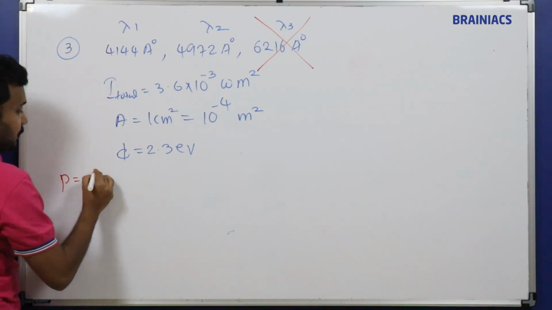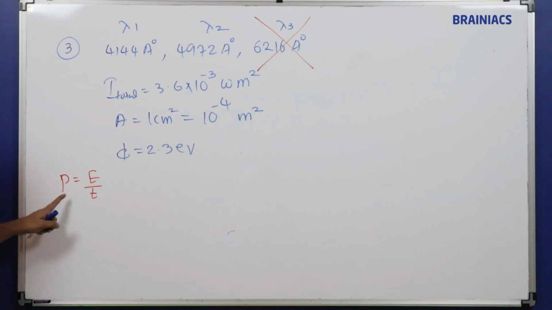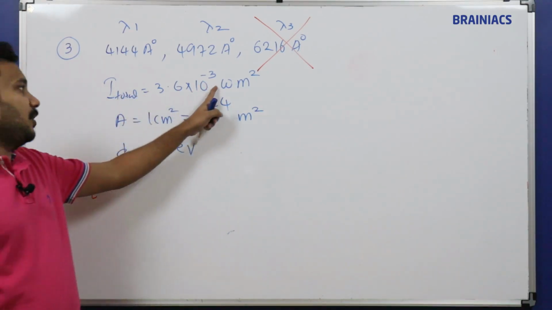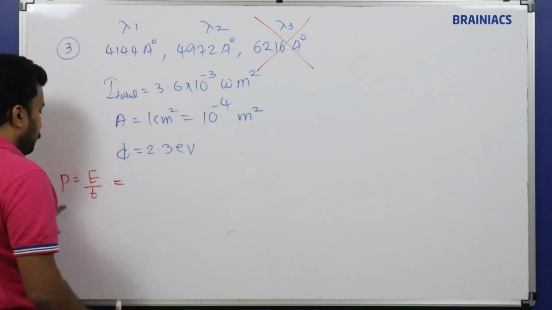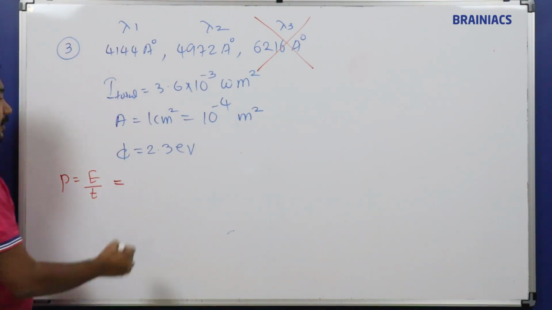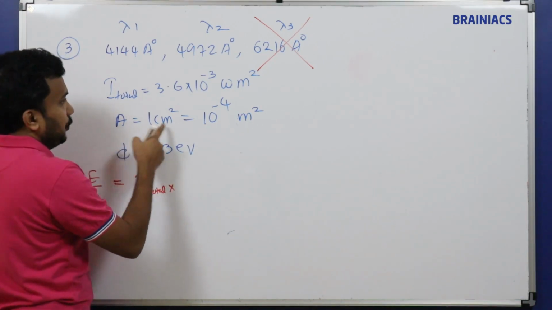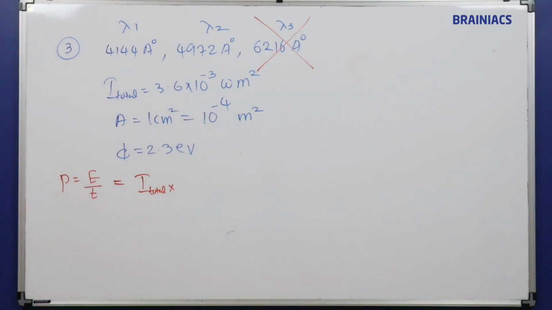Power is equal to energy divided by time. The intensity given is in watt per meter square, and the area is given. So how can I find the power? I total into area: if I multiply this, what is the unit of the intensity given?